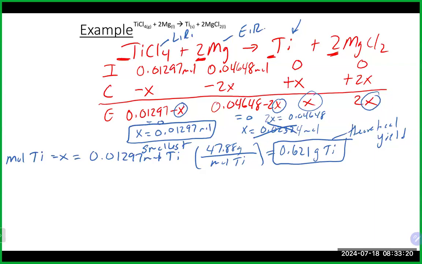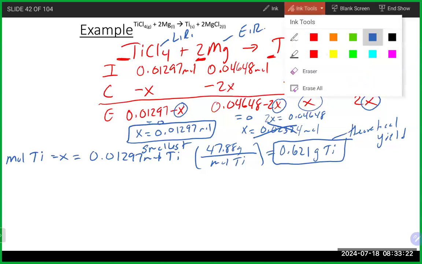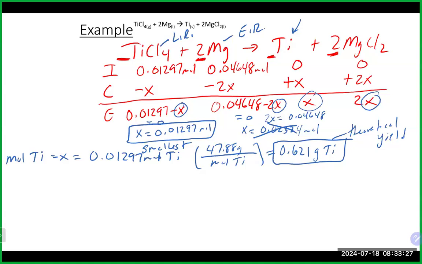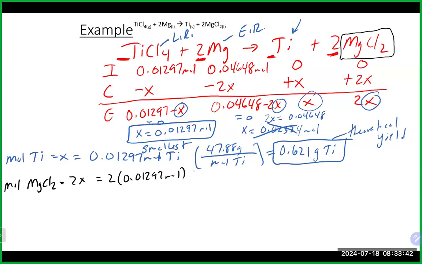Again, as I mentioned, not asked in this problem, but the nice thing of using this sort of method, for example, if I also want to know how much magnesium chloride I produced, the moles of magnesium chloride from the end there is 2 times x, which would be 2 times 0.01297 moles. And that would get us 0.02594 moles of magnesium chloride.